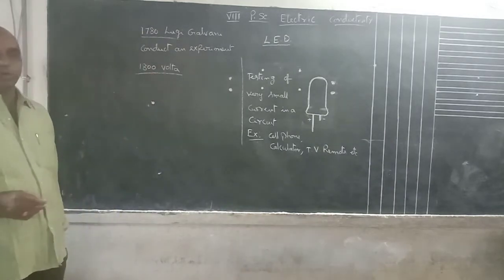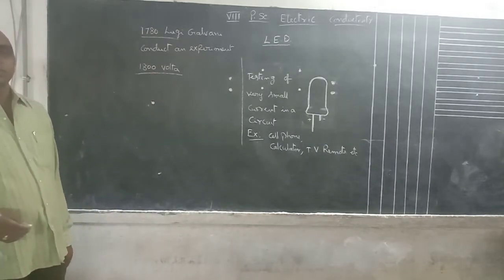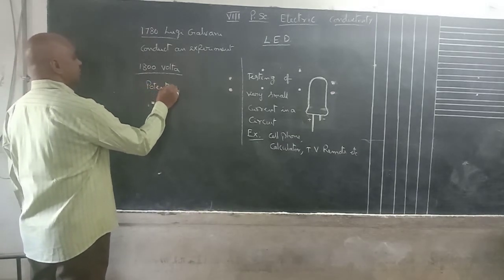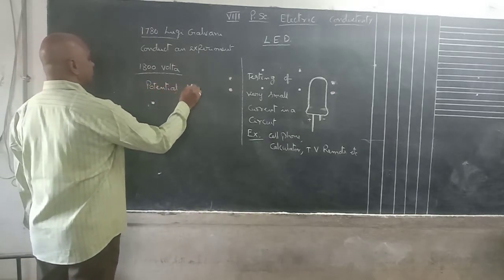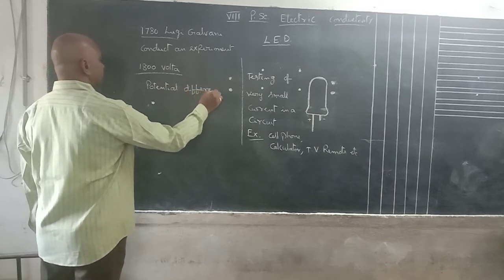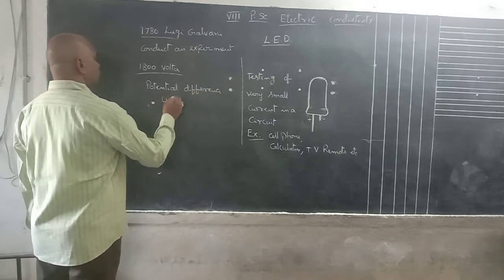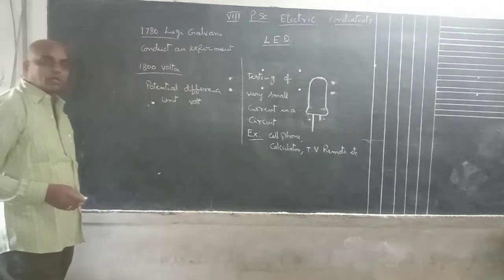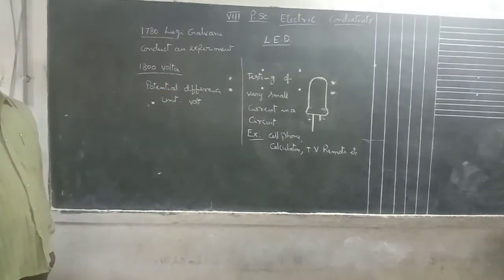Nowadays, the unit of potential difference is the volt. By the name of the scientist Volta, we use volts.